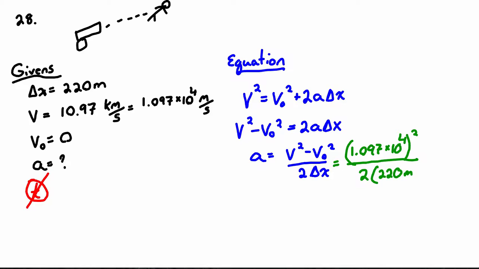I'm going to take the meters off, even though we know it's meters. I'll leave the units for the end. Okay, I'm going to pause it real quick and do the calculation.